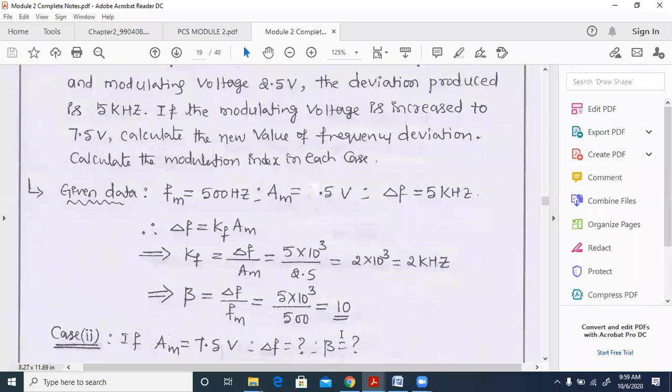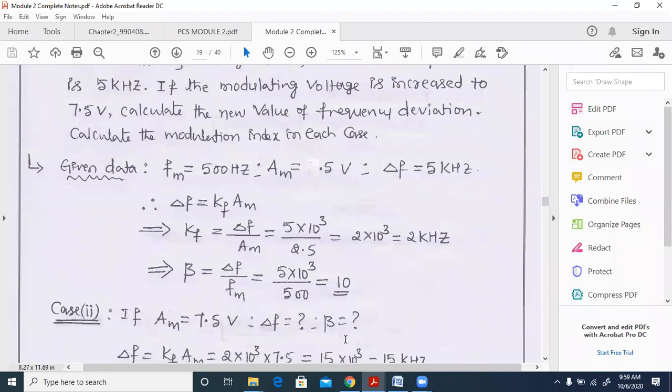And del F itself is beta into Fm. So one can write 2 Fm into 1 plus beta. Beta is large, that is 10, so it will be 2 Fm into 11. So if it asks for bandwidth, we can easily find it out.